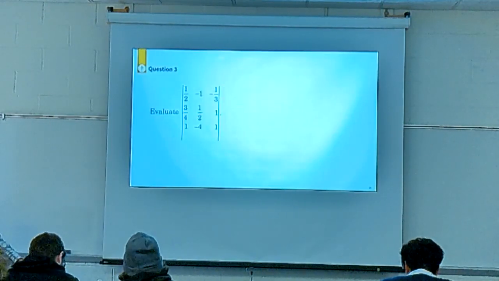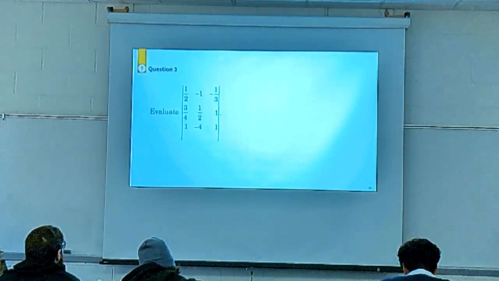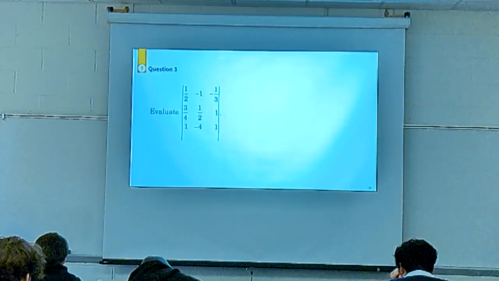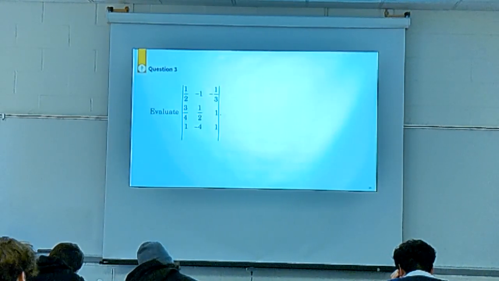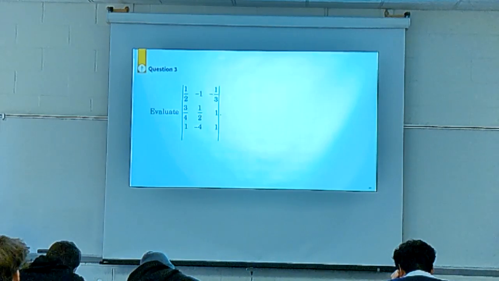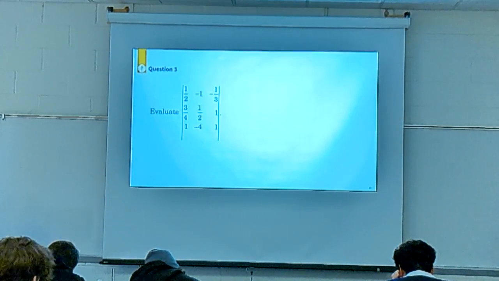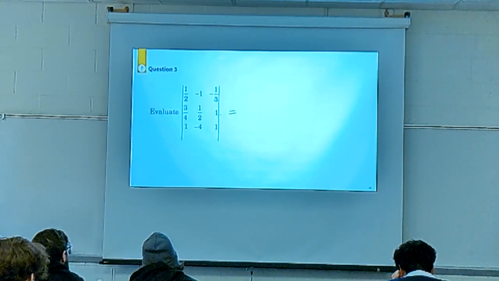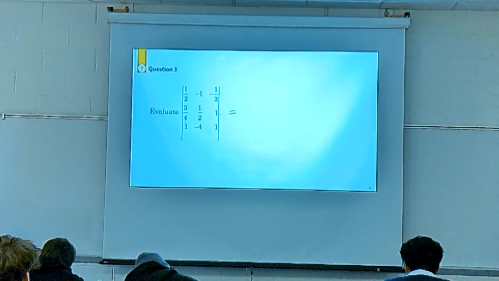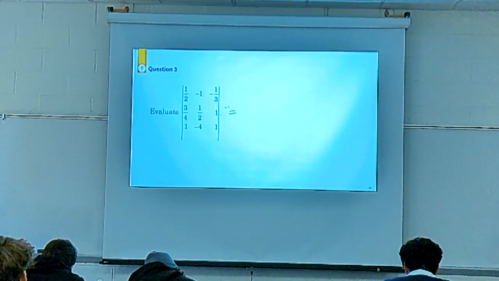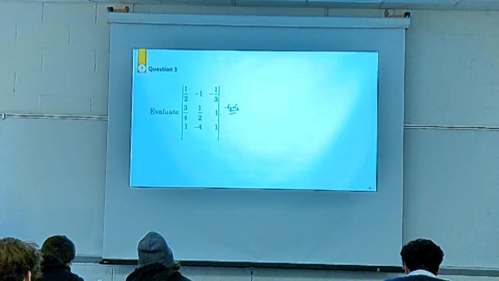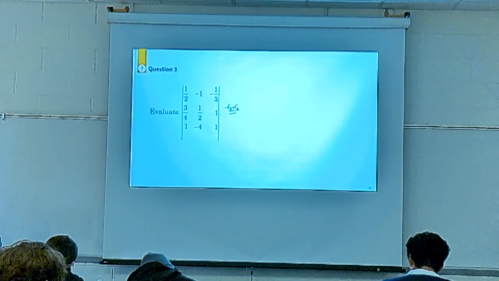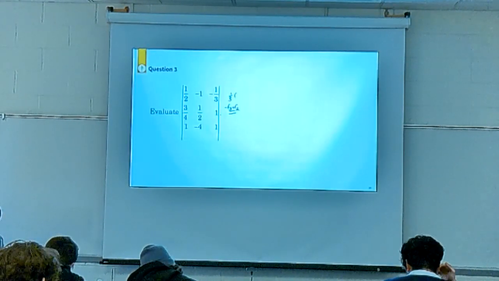So now let's actually try it that way for this one. Make it lower triangular instead of upper. Negative row 3 plus row 2. The third, row 3 plus row 1.